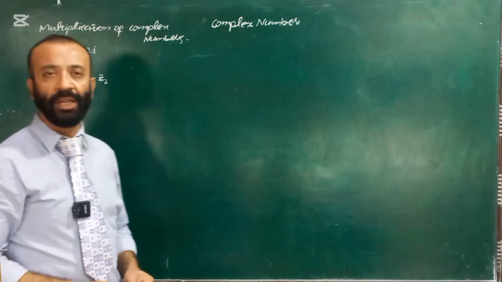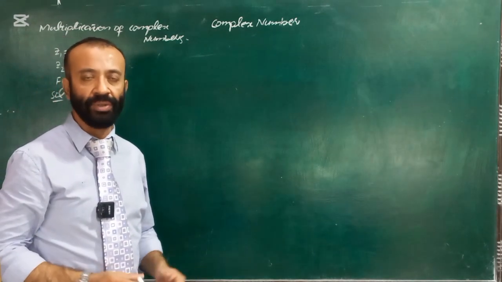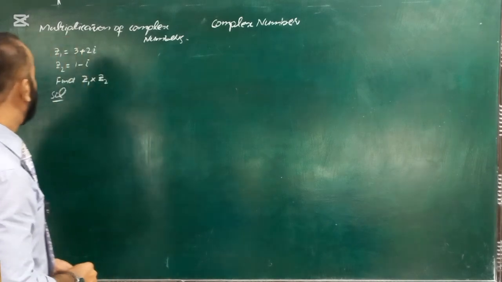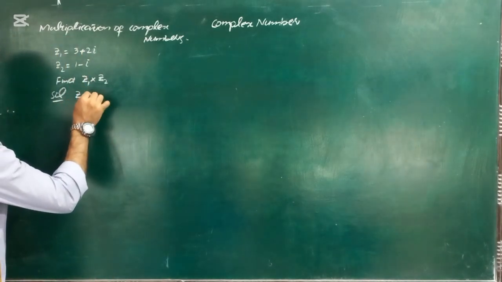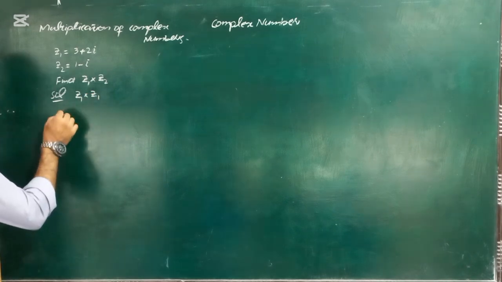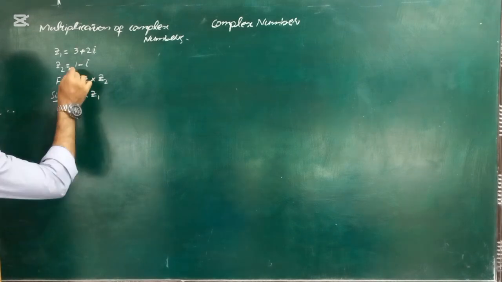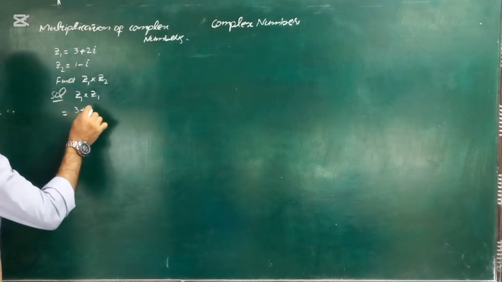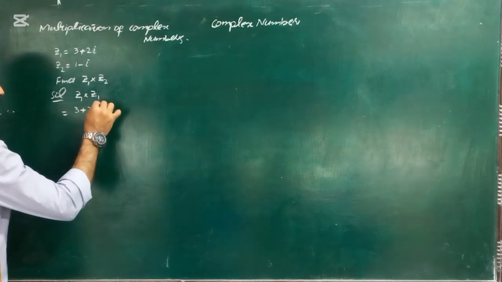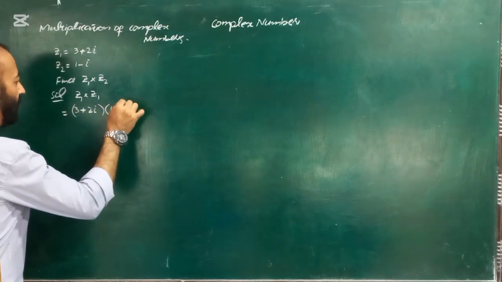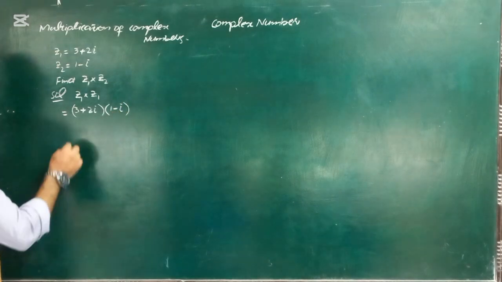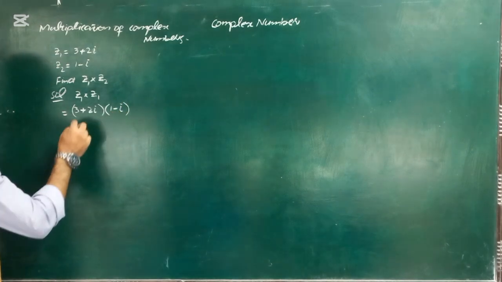Simple rules of algebra that you studied in your junior classes will be applied. So two numbers are going to be multiplied: 3 plus 2 iota into 1 minus iota.